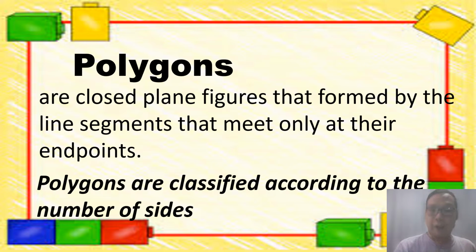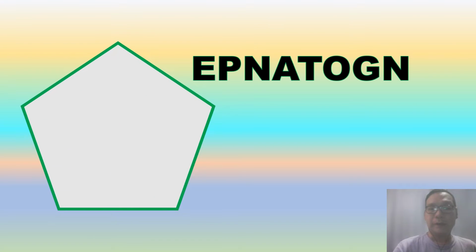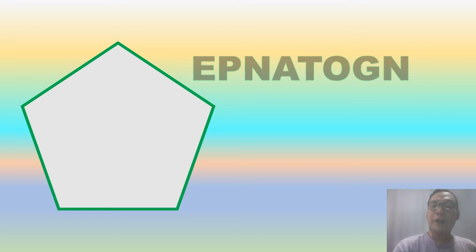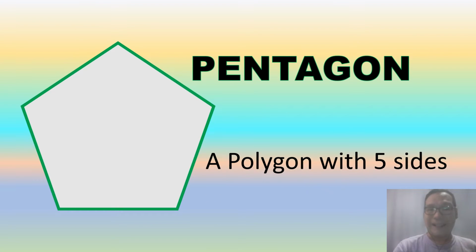So aside from triangle and quadrilateral, today you will be meeting other polygons. So let's start with the polygon with five sides. A polygon with five sides is called a pentagon.